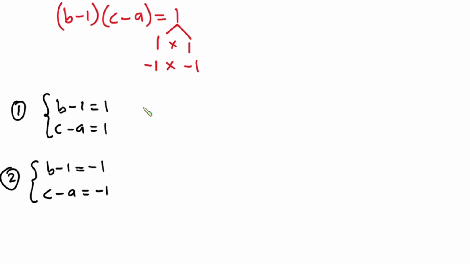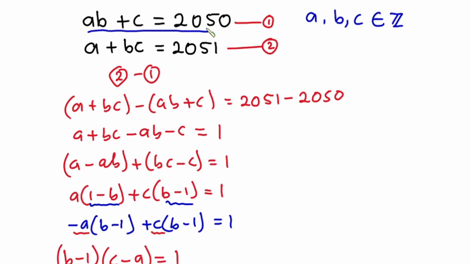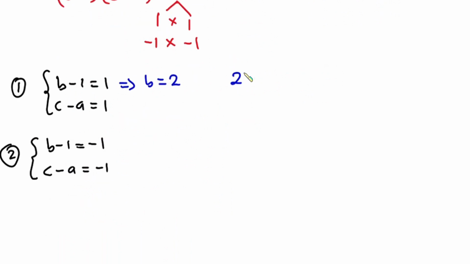Now let's consider the first case. From here, b is straight away equal to 2. Then when b is equal to 2, what happens to a and c? From the first equation, which is this equation, when b is equal to 2, we have 2a plus c is equal to 2050.